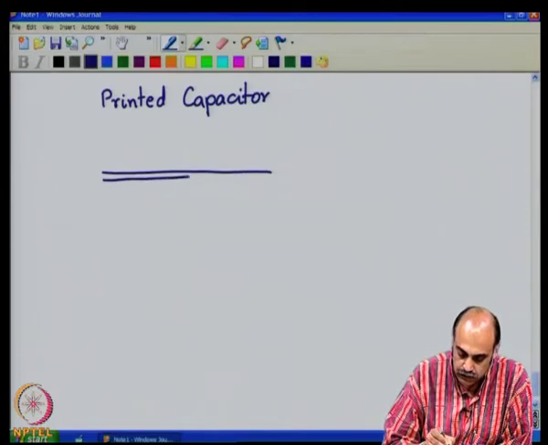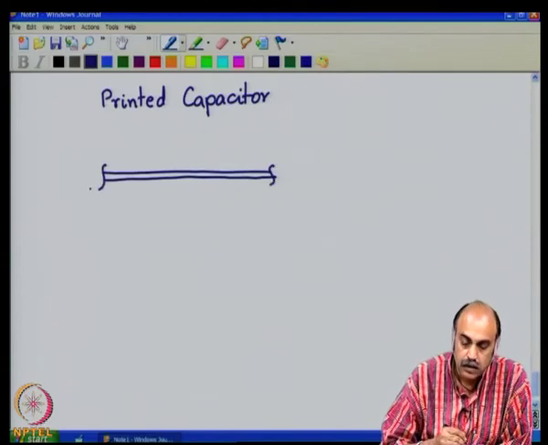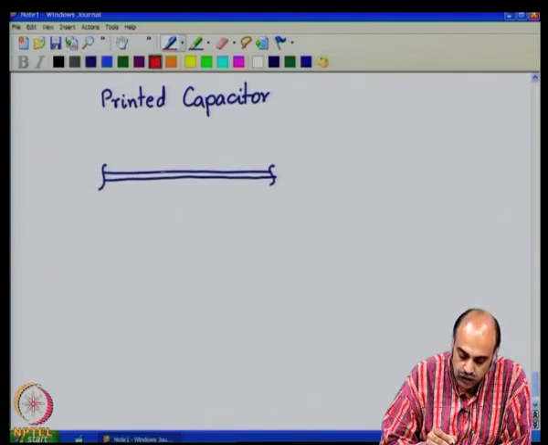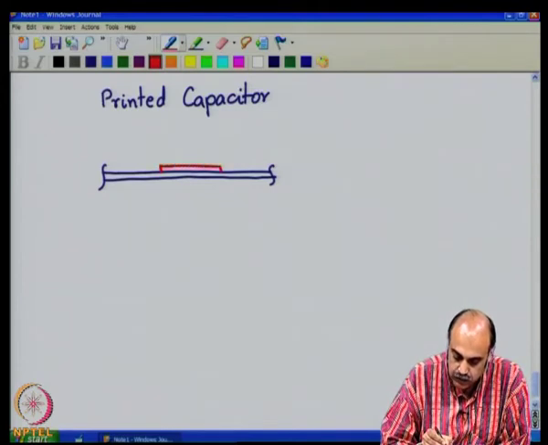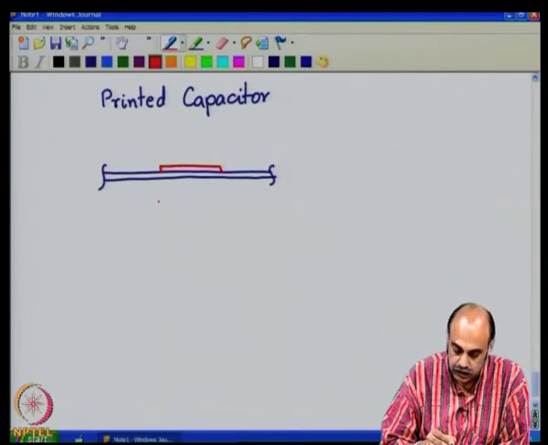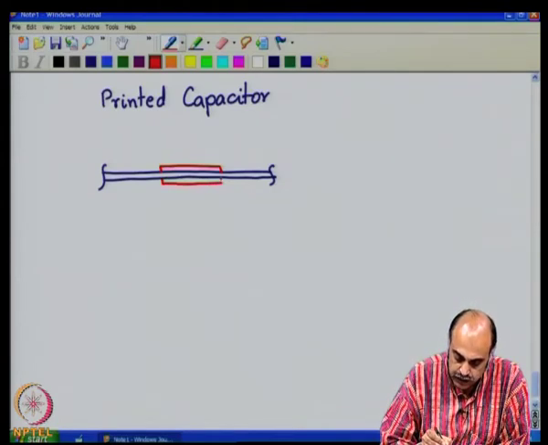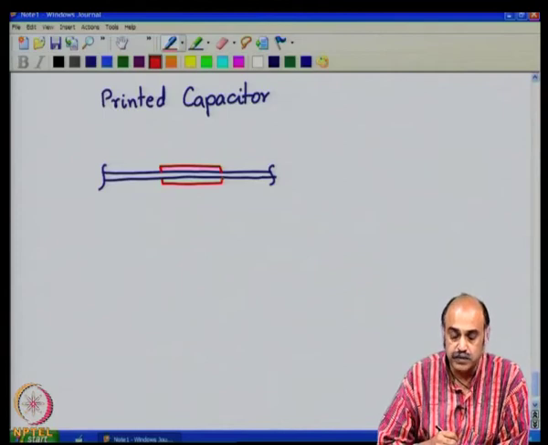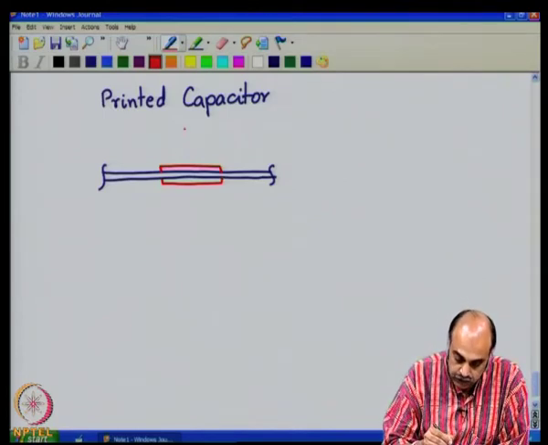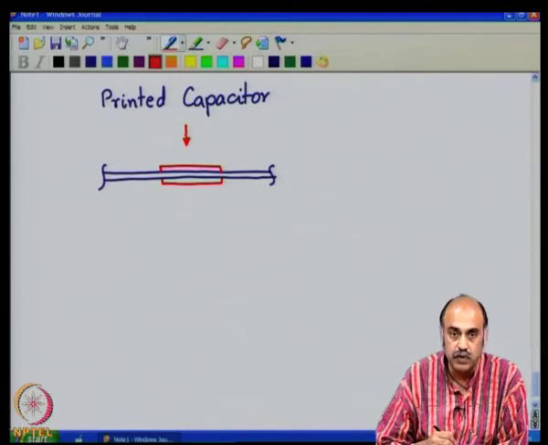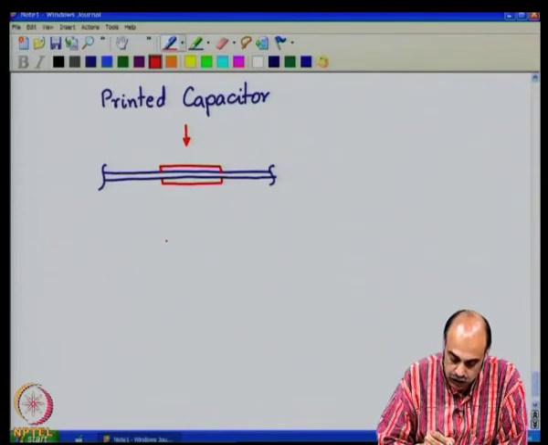Let us say you have a laminate, and on the laminate, on one side you have a rectangular piece of area, and on the other bottom side, another rectangular piece of area. If one looks from the top, it would appear something like this.